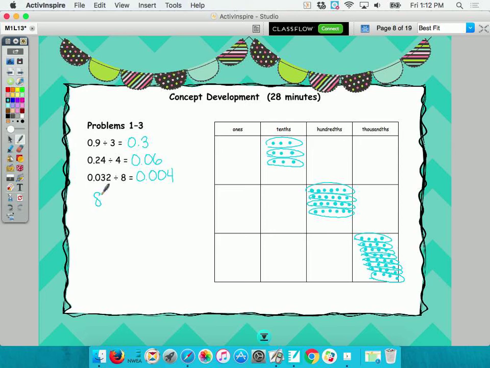I would do 8 times something equals 32 to figure out the answer to this division problem. That's what I always do. That's what everyone does. We just don't realize it, okay? So what goes in the box? 4, okay? Now, you get really good at filling in the missing factor, because that's all division is.